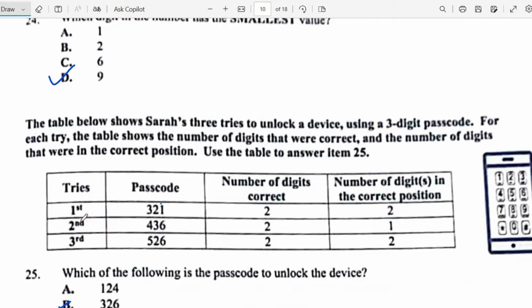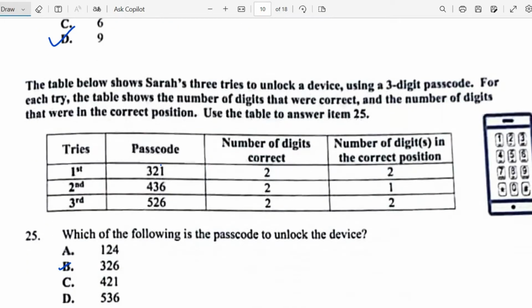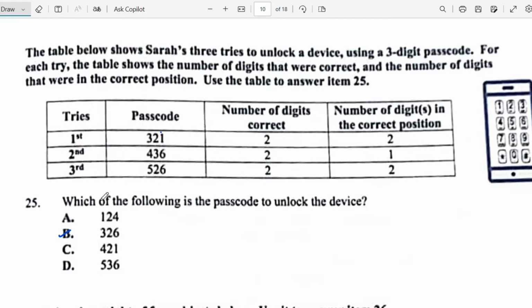Here are the tries: first, second, third, and the passcode. 321, 436, 526, and the number of correct digits, 2, 2, 2. All of them have 2 correct digits, and the number of digits in the correct place for the first passcode is 2, for the second passcode is 1, and for the third passcode is 2. Let's look at the table a bit closer to find out which of the following passcodes could unlock the device.